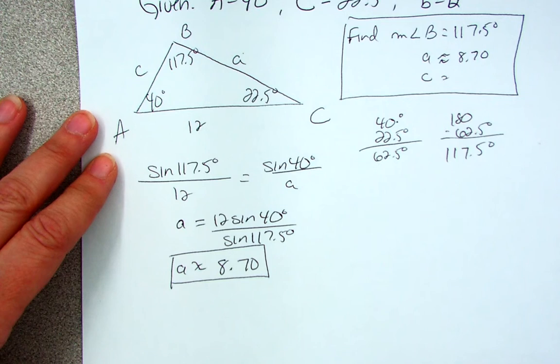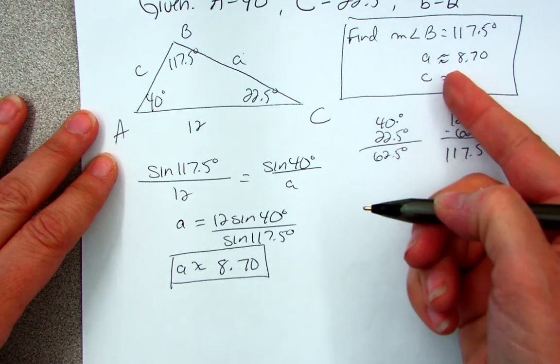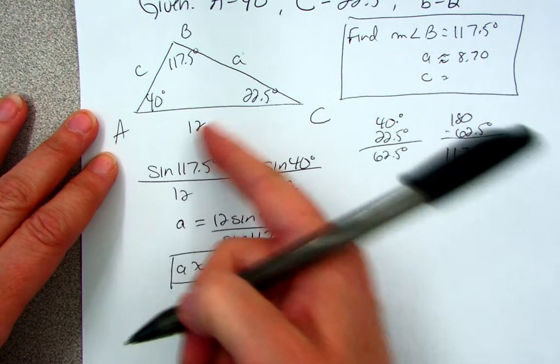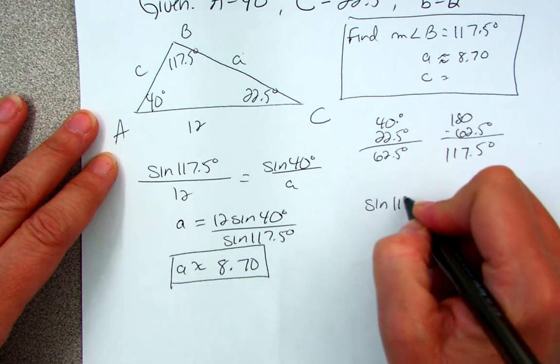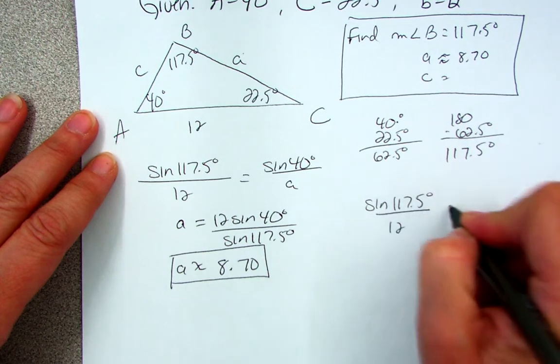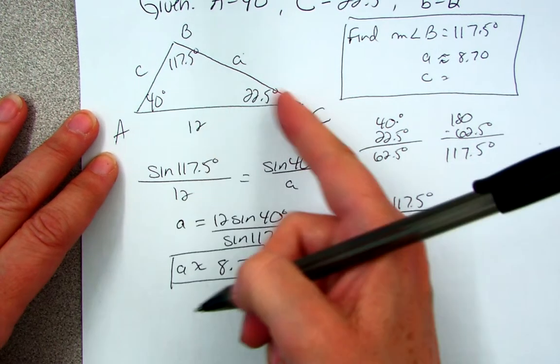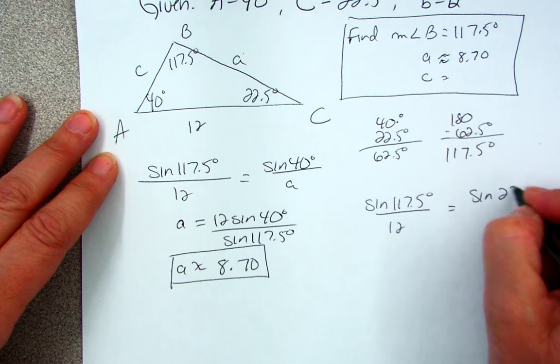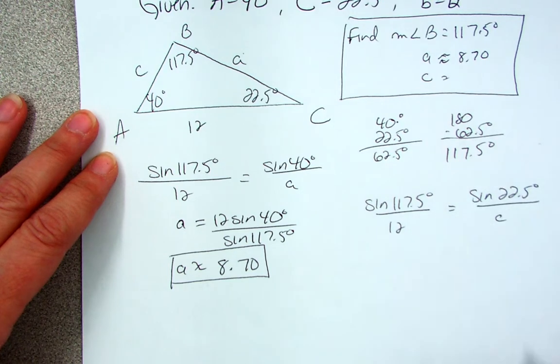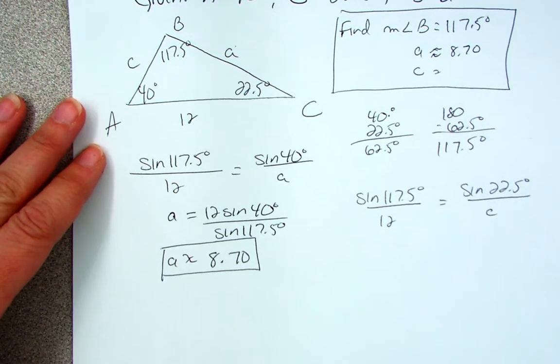So the only thing left is side C. So again, I only know B. I need to do C. There's a lot of room for error. Keep it straight. Write it generically if you have to first.